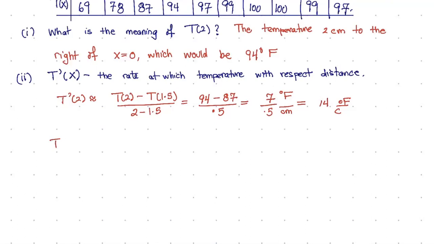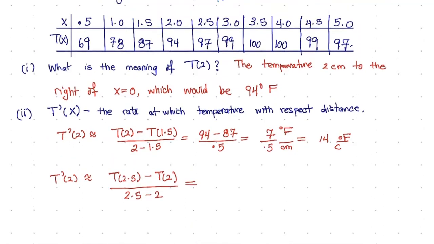So we could also do T prime of 2 using a forward difference, which would be T of 2.5 minus T of 2, all over 2.5 minus 2. T of 2.5, according to the table, is 97 degrees Fahrenheit. And of course, T of 2 we measured to be 94.